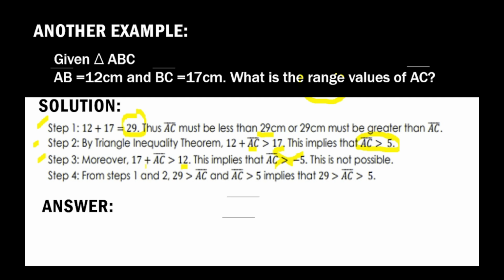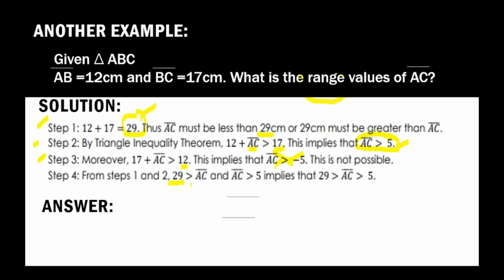So, ang possible numbers lang na nakuha natin ay yung 29 at saka yung 5. So, ang tanong ay range. Ibig sabihin, ano yung mga possible measure ng ating side AC? So, from step 1 and step 2, nakakuha tayo ng 29, at ang 29 dapat ang pinaka mataas.